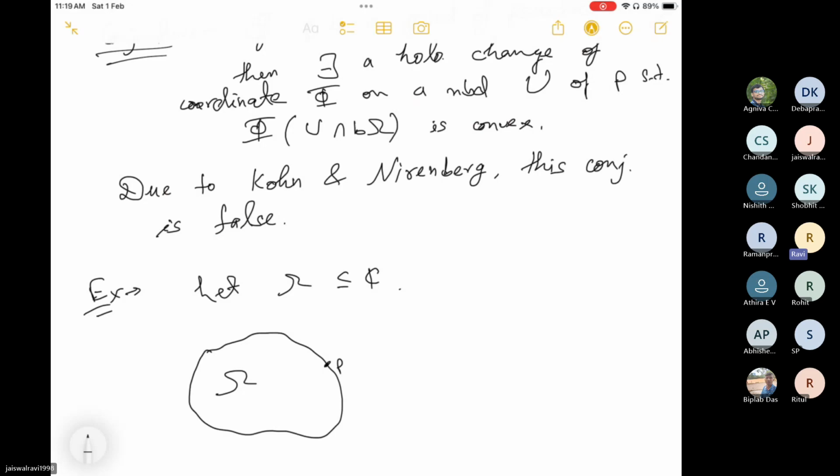If you take P in the boundary of omega, then you can always take a neighborhood U of P such that omega intersection U is simply connected.